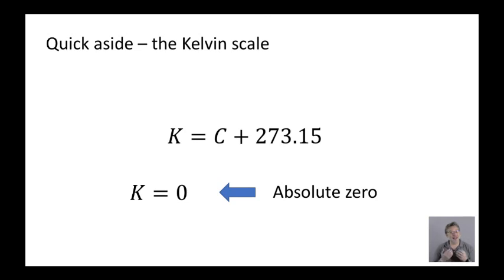And that leads us to an interesting question. And that is, what would the temperature be of something that has absolutely no heat whatsoever? And the answer is negative 273.15 degrees Celsius. It's about minus 400 and something Fahrenheit. And we call that temperature absolute zero.